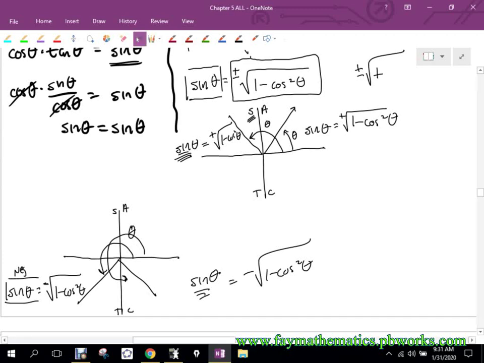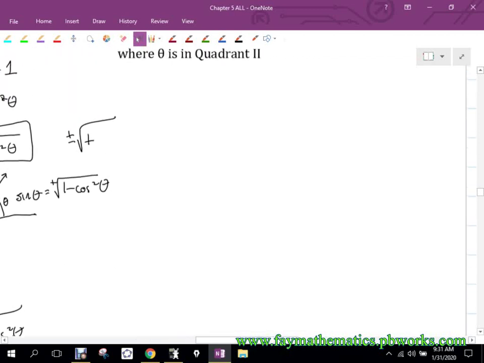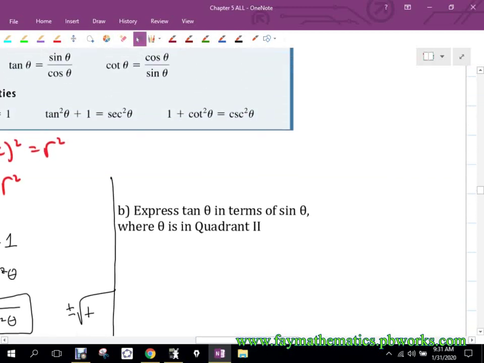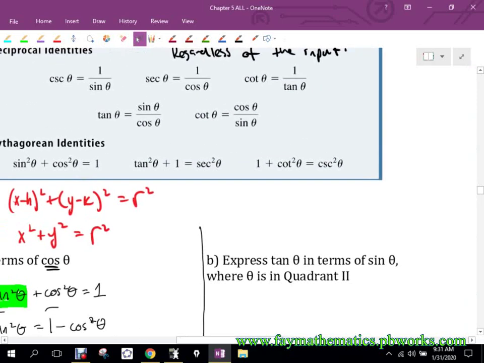So the next one is express tangent in terms of sine theta. Now this is, I told you, not as explicit in regards to choosing which one of these options. Remember, tangent needs to be solved for, needs to be all by itself, needs to be isolated.